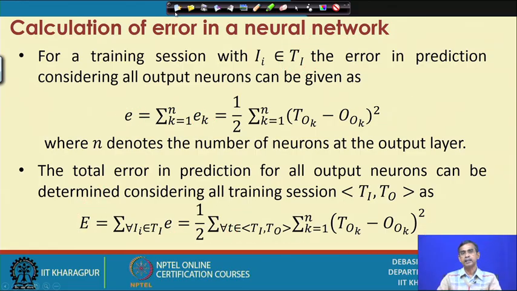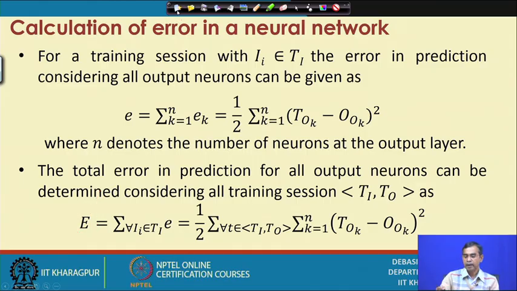So, what I want to say is that given a training set T O, T I and knowing the output of the network, we shall be able to calculate the error function at any instant. As I told you, the steepest descent method is basically to find some values of the neural network parameters, for example V and W parameters in our considered case, so that this error value will be minimum.